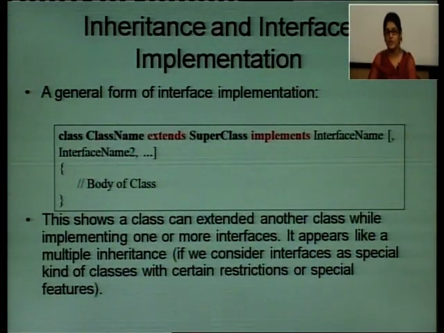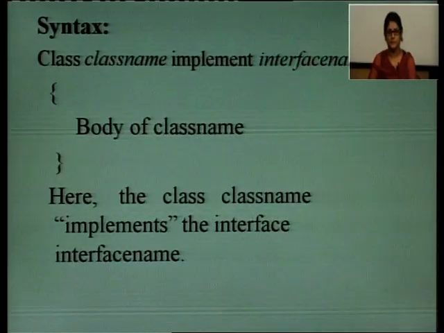The general form of interface implementation is class, class name, extends, superclass, implements, then your interface name. This shows a class can extend another class while implementing one or more interfaces. It appears like multiple inheritance. If we consider interfaces as special kinds of classes with certain restrictions or special features, that won't be wrong.